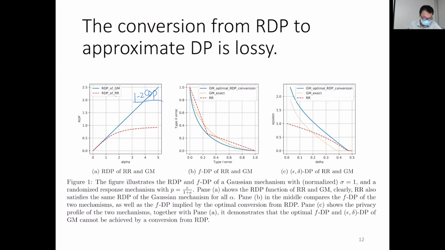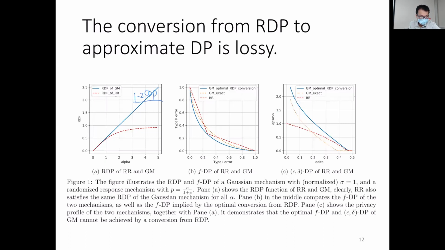Okay, so the optimal conversion that one can work out takes some heavy mathematics: first converting to the trade-off function, then using the convex conjugate, and then constructing the corresponding epsilon-delta DP.